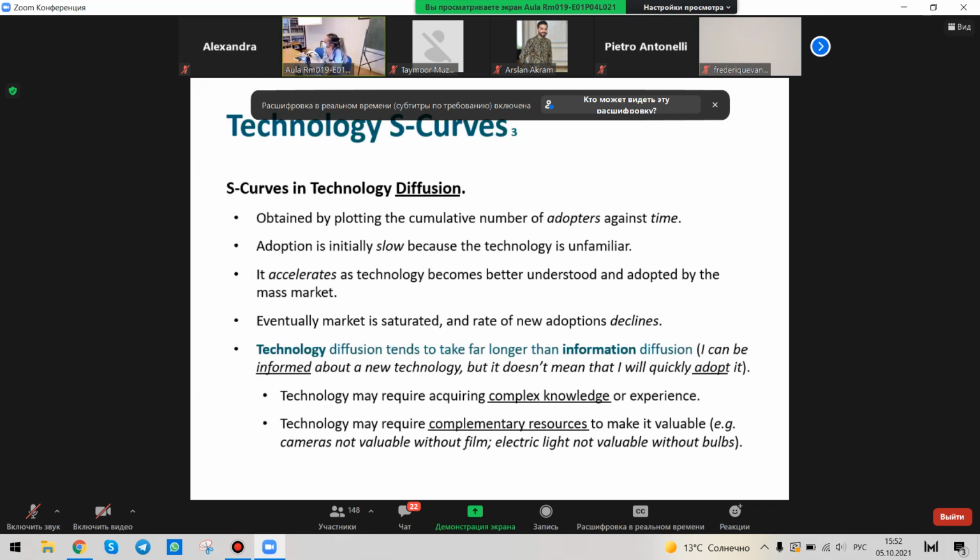So this representation is related to the fact that the market effectively adopts, this means buys, a new technology, okay? Because of course, we might know that a technology exists, but still not want to adopt it.